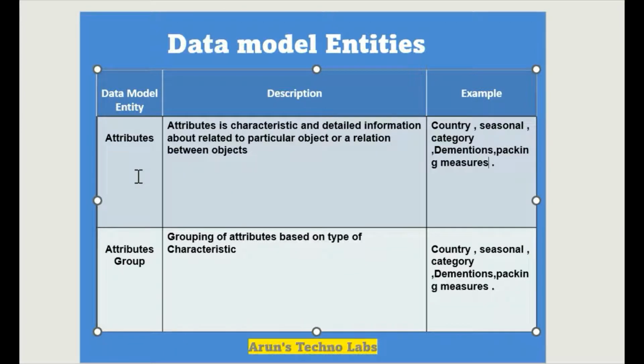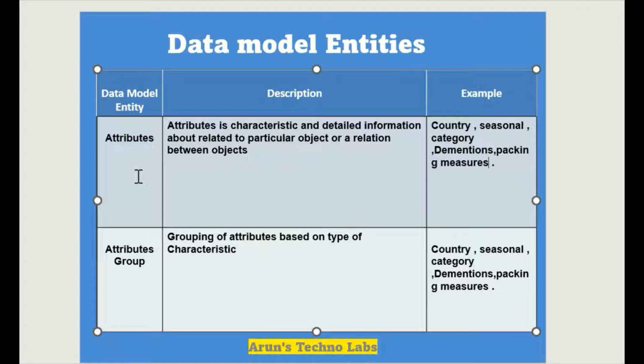The next data model entity is attributes. An attribute tells the character and gives detailed information about a particular object. For example, if you take apple juice, the product should have detailed information about what the fat content is, the nutrition, the percentage of water, and the percentage of actual fruit.